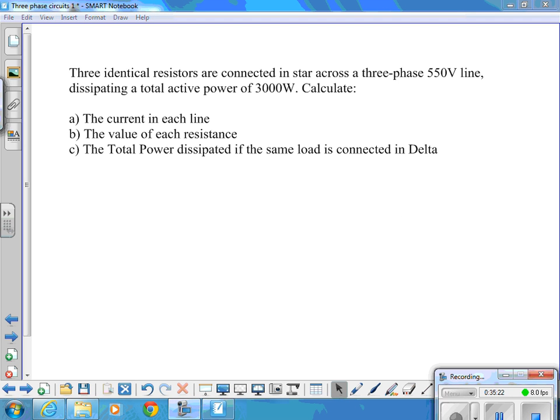Three identical resistors connected in star across a three-phase 550 volt line, dissipating a total active power of 3000 watts. Calculate the current in each line, the value of each resistance, and the total power dissipated if the same load is connected in delta.